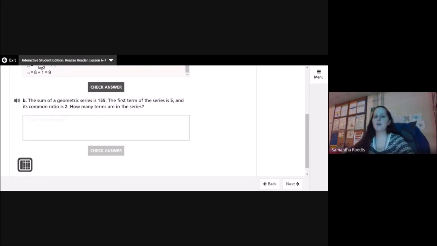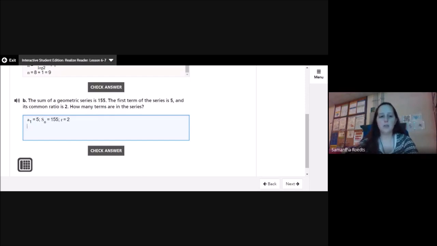Okay, for B, the sum of a geometric sequence is 155. The first term of the series is 5, and the common ratio is 2. So a sub 1 equals 5, S sub n equals 155, r equals 2. Okay, so I have S sub n equals a sub 1 times 1 minus r to the nth over 1 minus r as my formula.